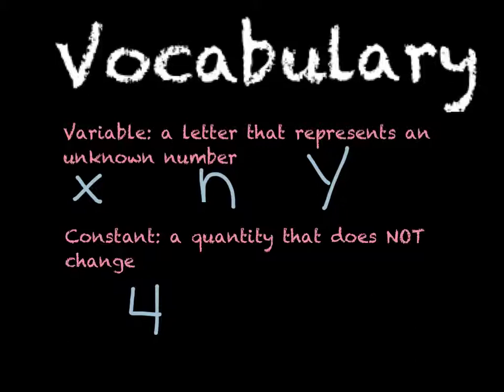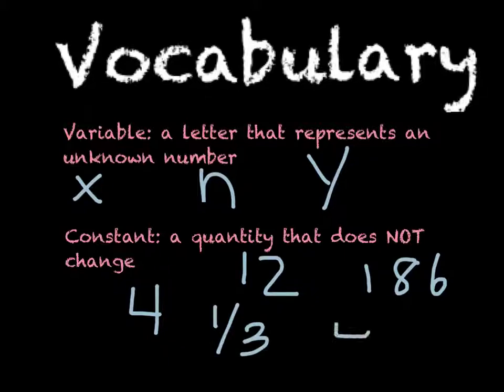So any single number in a problem, like 4 or 12 or 186 or 1/3 or 4.5, all of those would be constants as their value is not going to change. In expressions that have variables, which we're going to get to in just a minute, the letter could represent multiple different numbers, but the constants or the single numbers that are given to us are never going to change.